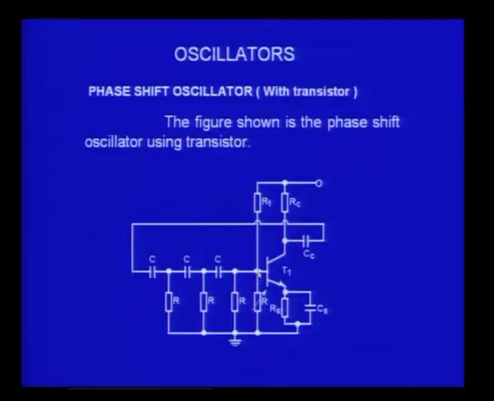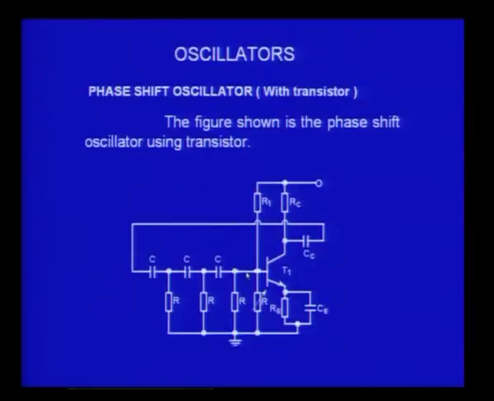So, between this base, which is the actual input of the amplifier, and the collector, there is a 180 degree phase shift we have already seen, and that 180 degree phase shifted voltage is applied here. With this combination of 3 RC, RC, RC, you try to produce another 180 degrees. So, in total it becomes 360 degrees, and then this voltage which comes from the output becomes in phase with the input that you perhaps gave at the beginning. You have not given anything, this happens very fast, I will explain to you how this happens.